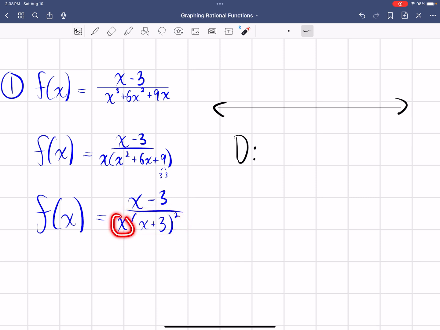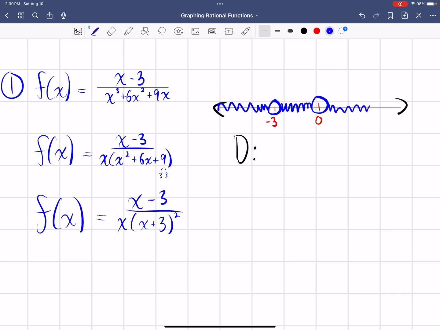Well, if you plug in 0, that's of course going to make the denominator 0. So 0 we're going to need to exclude. And also you can see if we plug in negative 3, that's going to make the denominator equal to 0. So we also need to exclude negative 3.